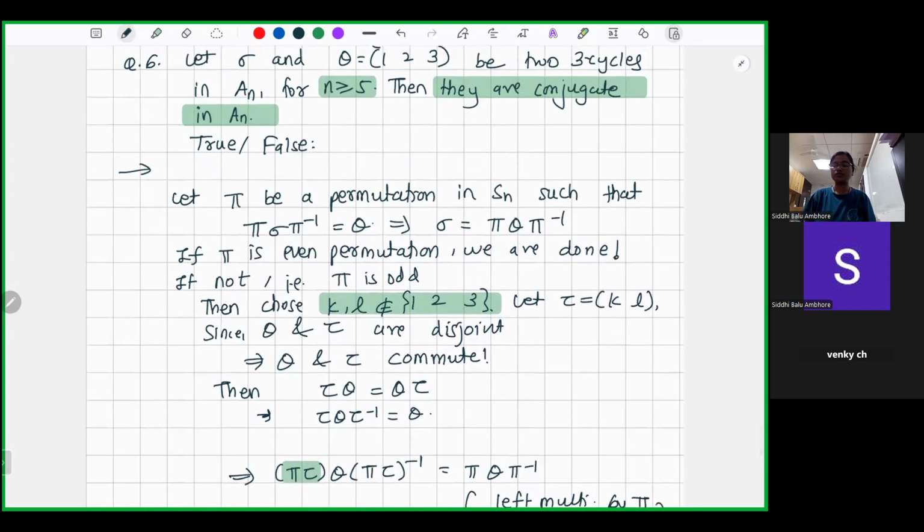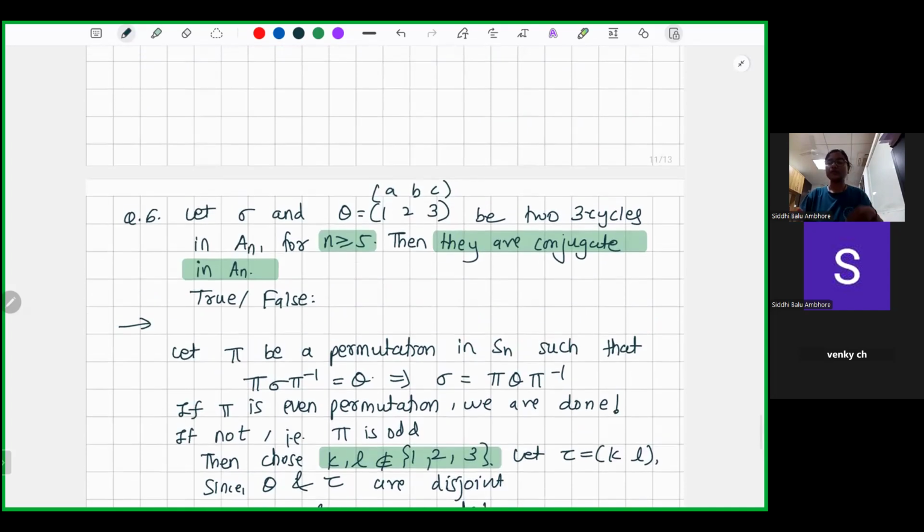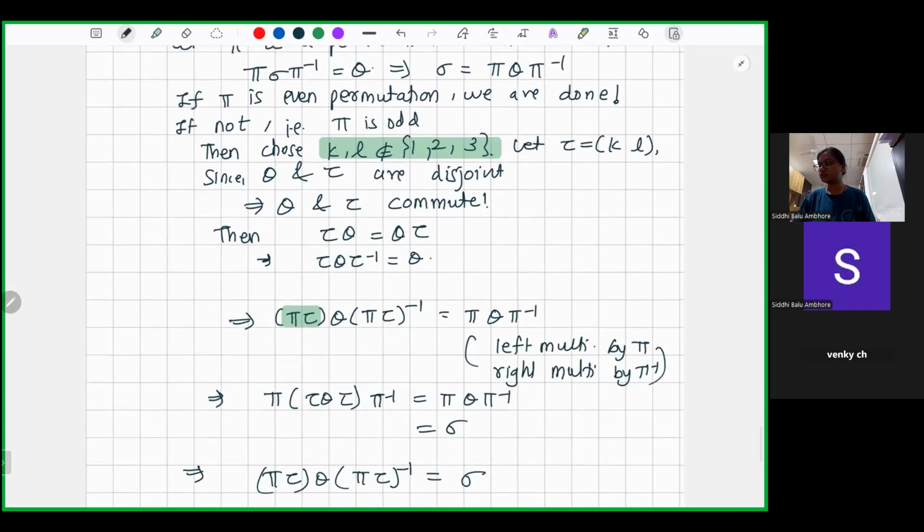Then you just have to choose this k, l not in that {a, b, c}, and we will be done. Okay, so we just proved that any two 3-cycles in AN are conjugate in AN. Is this okay? Any doubts?